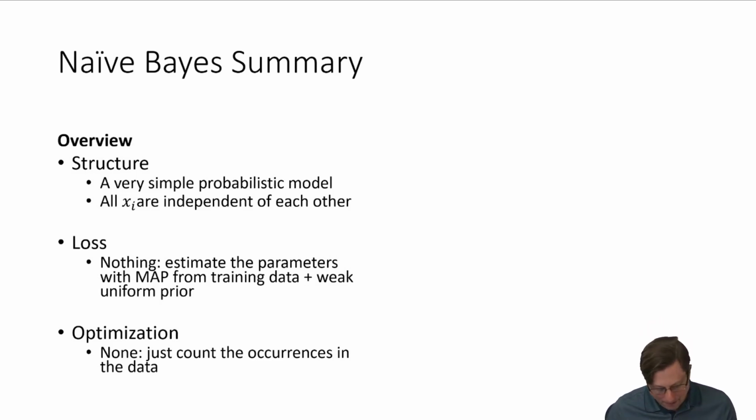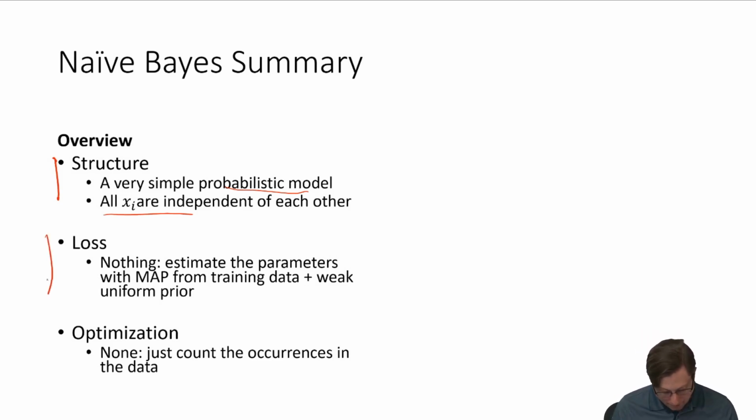But naive Bayes summary. The structure of naive Bayes is a very simple probabilistic model that all the xi's are independent of each other. So the structure and the parameters are the counts for each possible value of y, how many times that occurred, and then for each value of y and each possible value of x, how many times those things occurred together, each y with each value of x.